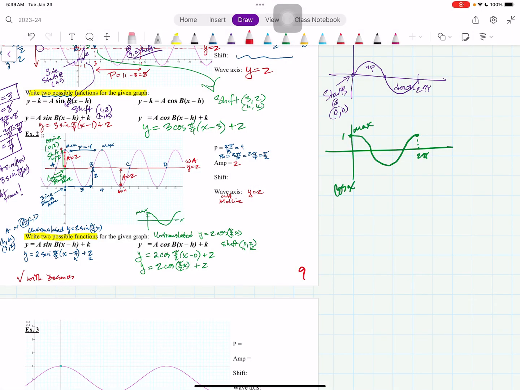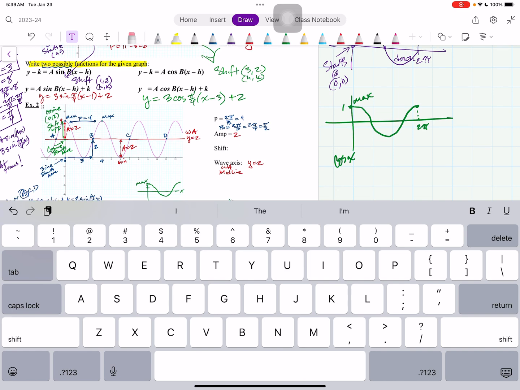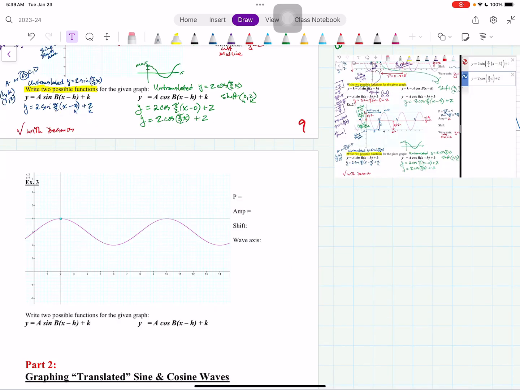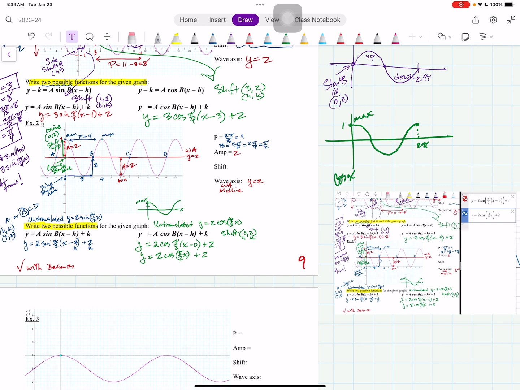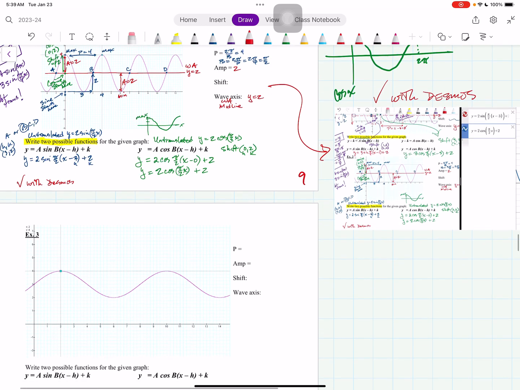I love working on the iPad because you got some cool technology here to allow it to obviously record your work. So there we go. There's the record of that, and that verifies everything. So this right here is the same as this. So check with Desmos. All right.